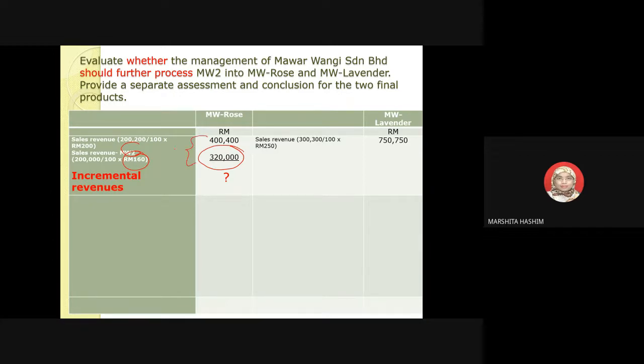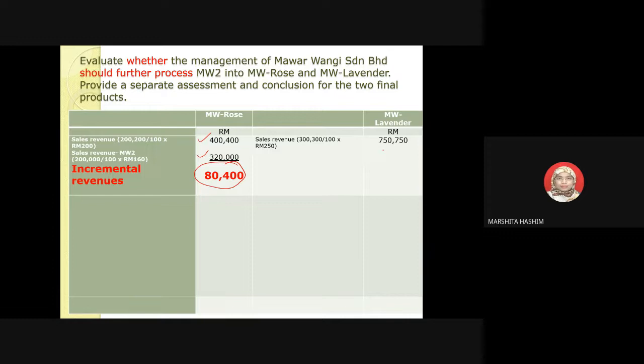When we say compare, it means we minus. So the difference is 80,400 ringgit. If we sell as MW2, sales revenue is 320,000. If we further process, we can sell at higher value. So sales revenue for MW Rose is 400,400 ringgit. That means we have incremental sales revenue of 80,400 ringgit.